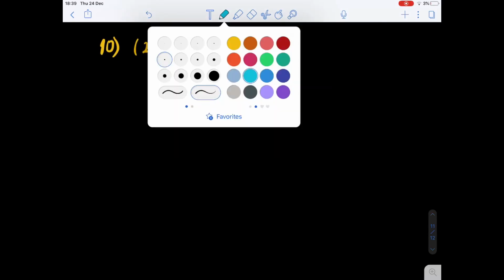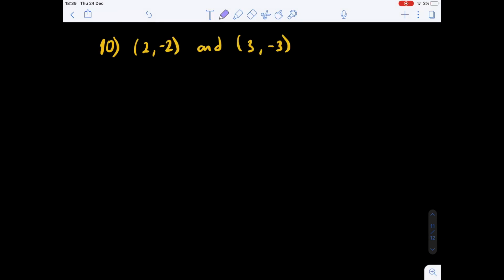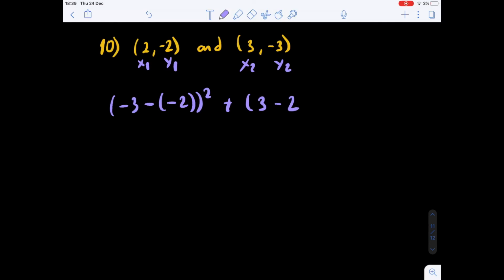Okay, last exercise. We have 2 points again. Let me name x1 and y1, x2 and y2 again. Here is y2 minus y1 squared plus x2 minus x1 squared equals the distance squared.